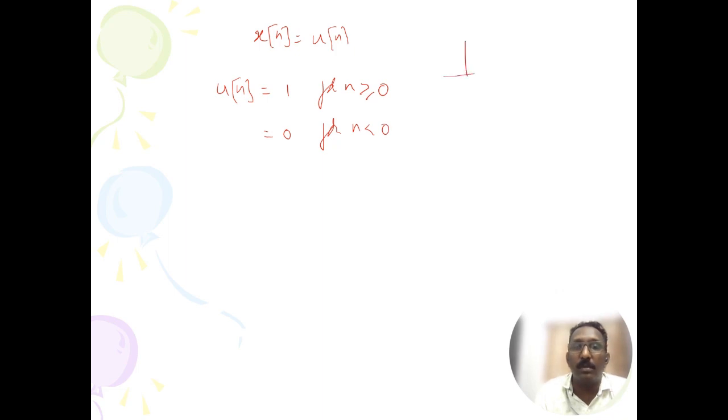So to plot this, at 0, 1, 2, 3 the value is 1, and for negative n its value is 0.